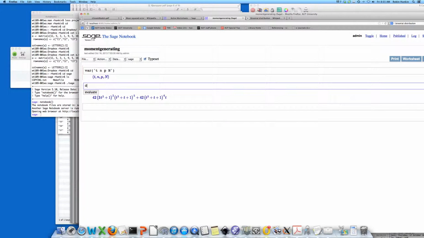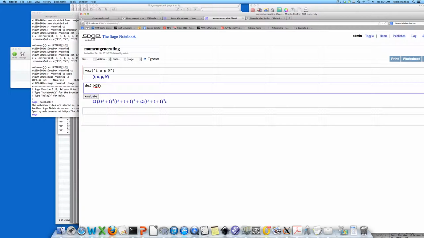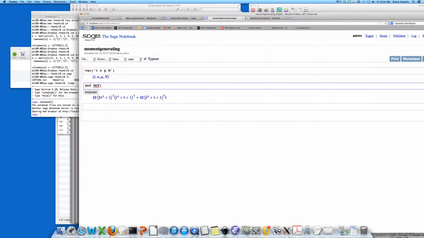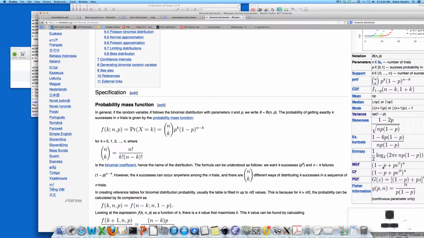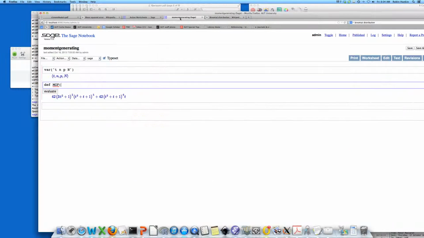So what I'm going to do is define the moment generating function. It's going to be a function of, what was it? Can't remember now. Here it is: (1 minus p plus p e to the t) to the power n. So what variables do I need? I need little p, a little t, and I'm going to call it a capital N, because I'm going to need little n for something else.